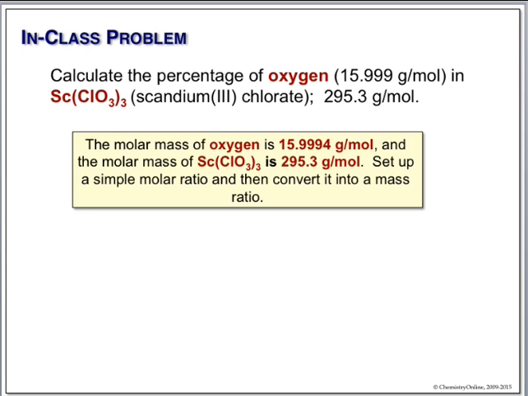Set up your mole ratio. That's number one. How many moles of oxygen in every mole of this? Well, that requires you to read the formula. Every chlorate here has 3, so that's 3 times 3, 9 oxygens.